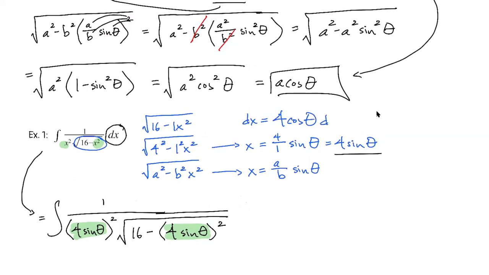And then we have d theta. Good, very good. So what this means, folks, is that everywhere we see the dx, we're going to put 4 cosine theta d theta. So times 4 cosine theta d theta.